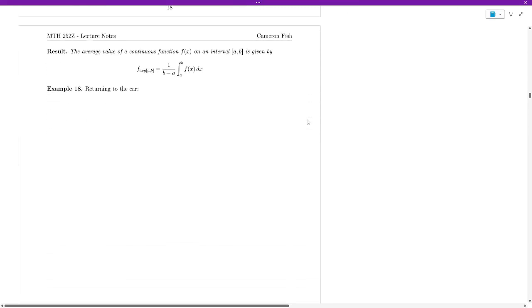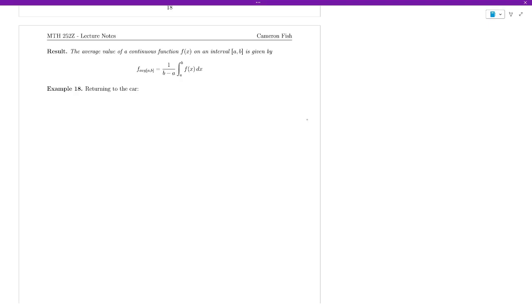You can take this as a definition, if you like, of what average value means, or you can think about the Riemann sum we were doing on the last page. So the average value is just the integral, right? This is just the regular integral, except then I divide by something.